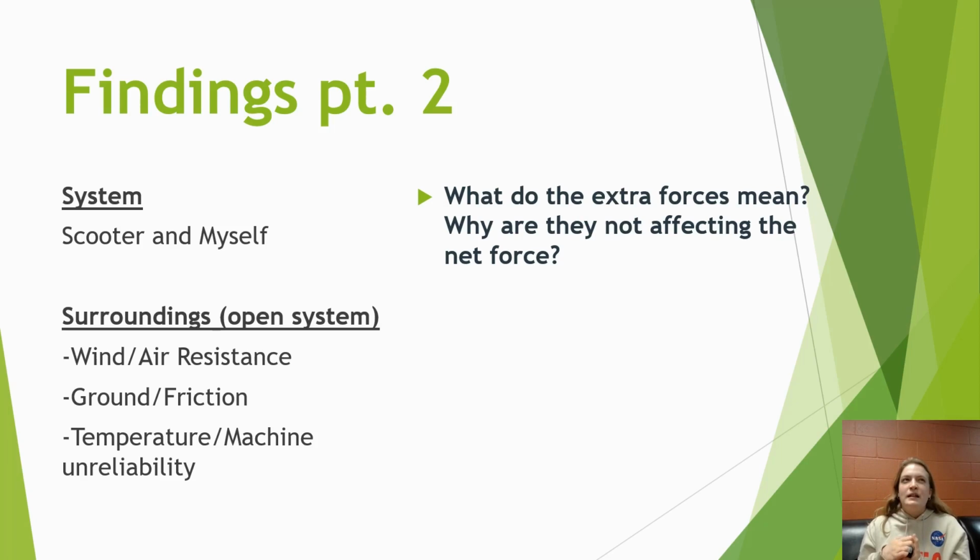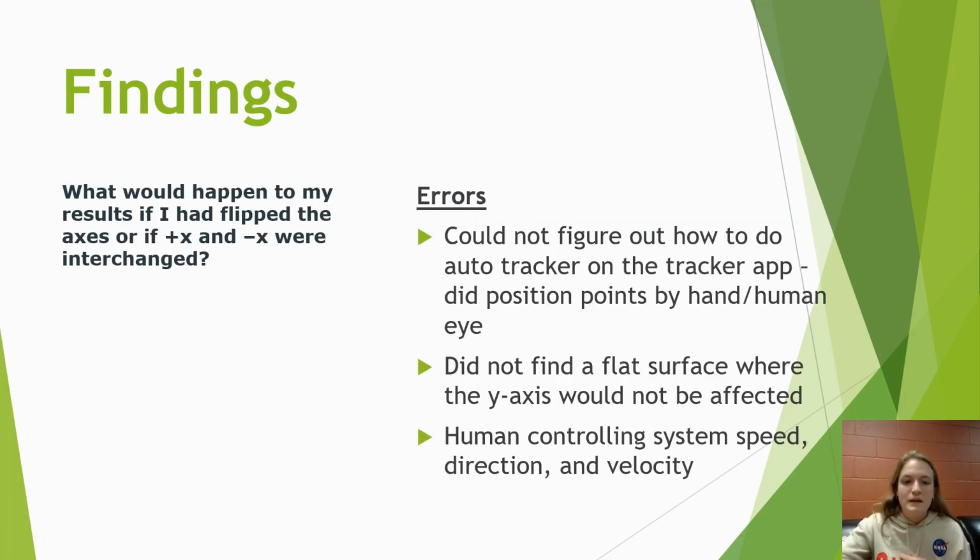The temperature was also pretty cold, and sometimes my scooter doesn't run as nicely in the cold, so the machine might have had a little bit of unreliability. All these forces can contribute in some way. But even though these are individual forces, they aren't affecting the net force by making it not 0, because they're exactly equal to each other. Like if this is 5, this is also 5, so 5 minus 5 is going to be 0.